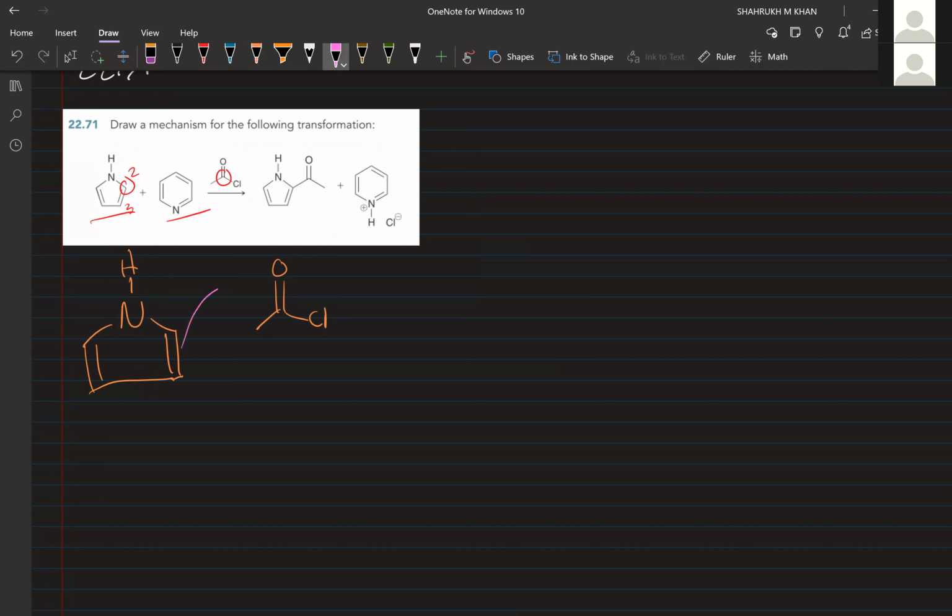Pink arrow here kicks off, right? What's this kind of similar to that we did in chapter 18? So an acyl group, we are acylating this thing, right? What was that called again?